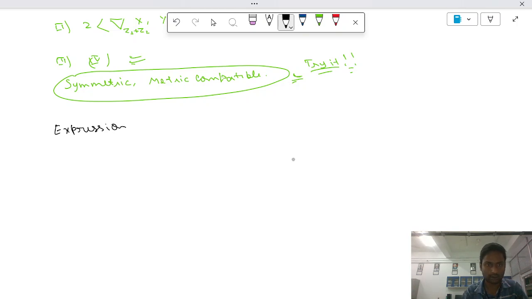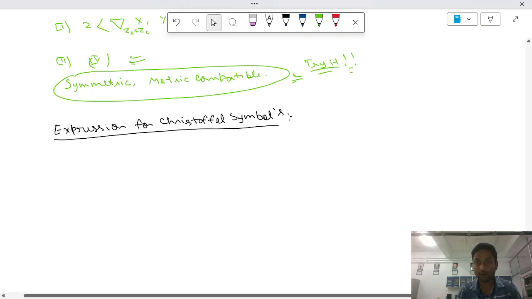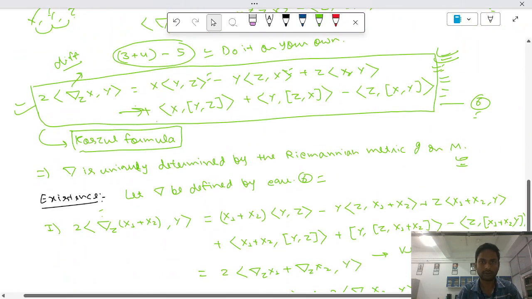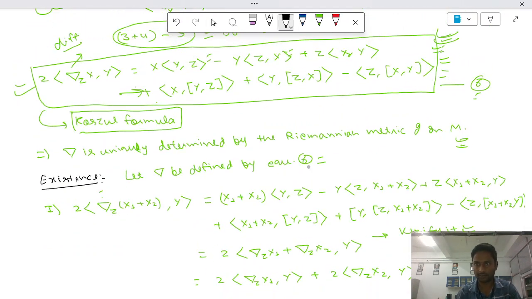This is an expression for our Christoffel symbols, and when you do calculations locally, it is quite useful. This expression is derived from the Koszul formula. In your Koszul formula, you have vector fields simply x, y, z.